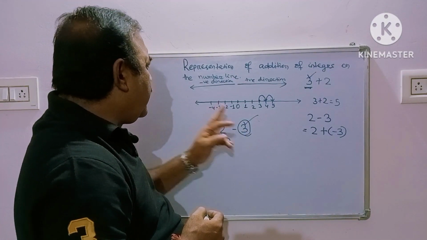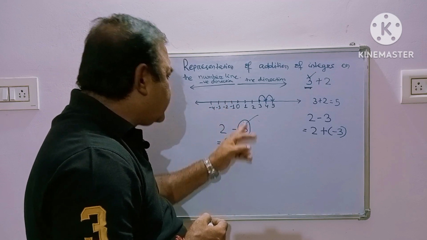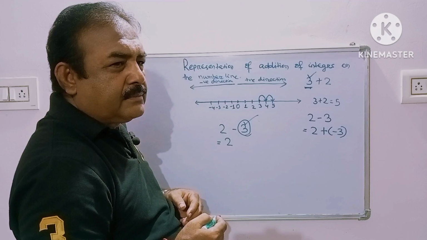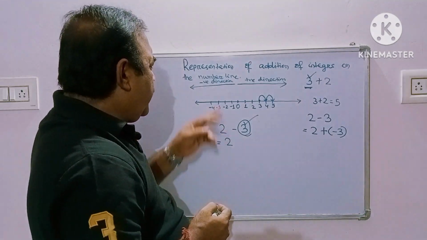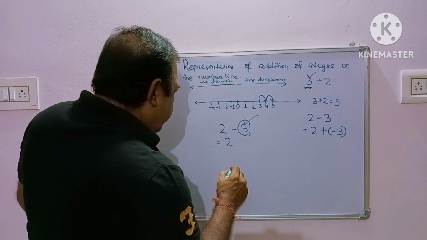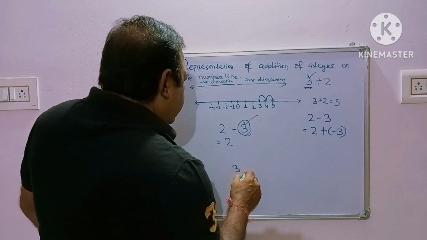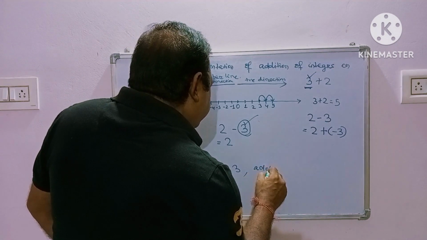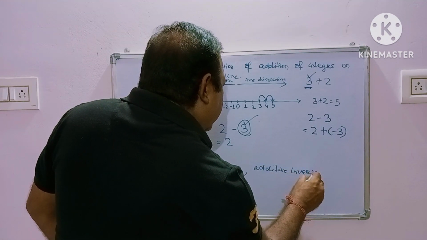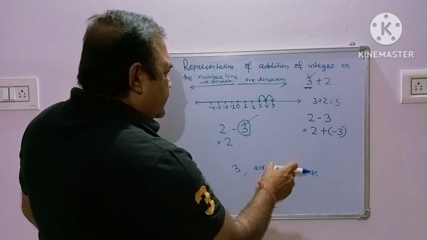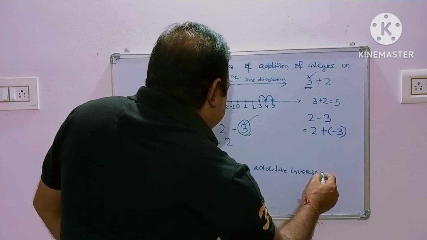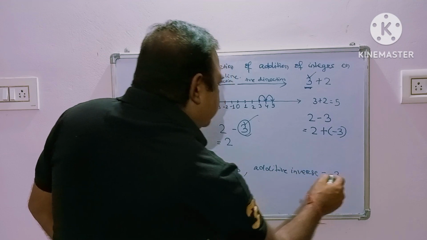With 2, we will have to add the additive inverse of 3. I will tell you later, just for instance: the additive inverse is equal to minus 3.